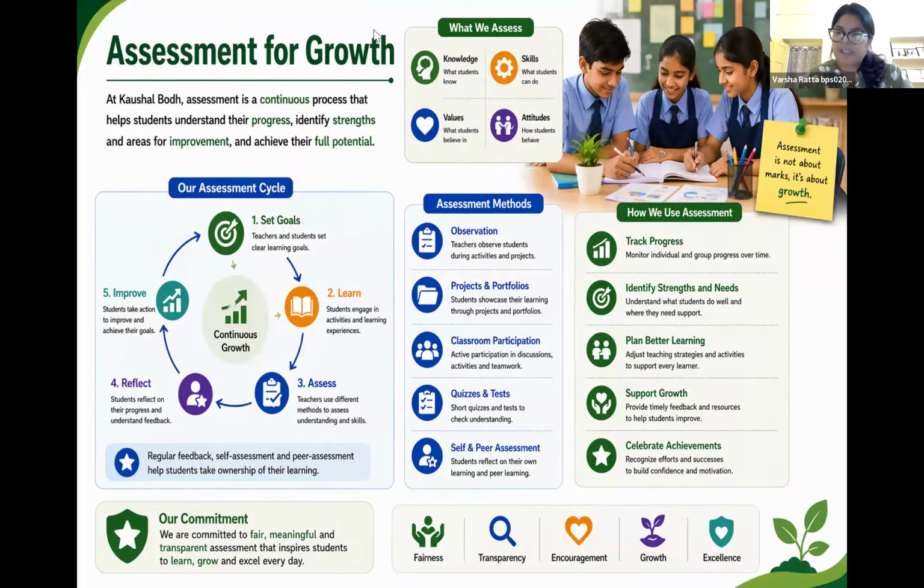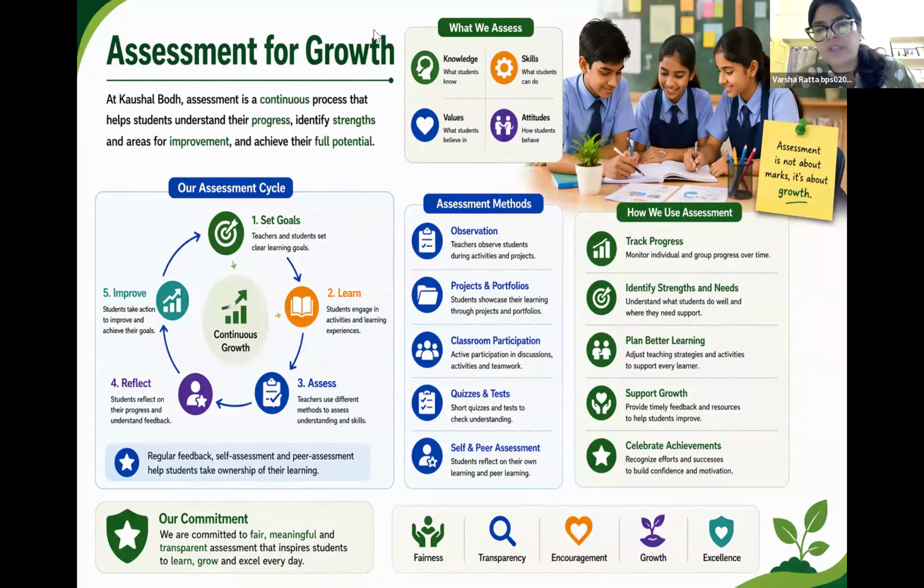Right? So regular feedback, self-assessment, and peer assessment will make the children take ownership. Now, इस assessment को हम formative assessment के नाम से भी जानते हैं, जिसमें exit tickets होती हैं, है ना? तो इतना कुछ बड़ा भारी नहीं है. आपने साथ में उसको जज करते रहना. Assessment methods क्या होंगे? आप observe करोगे. You can observe. You can create projects and portfolios.